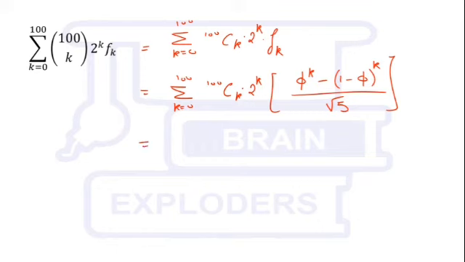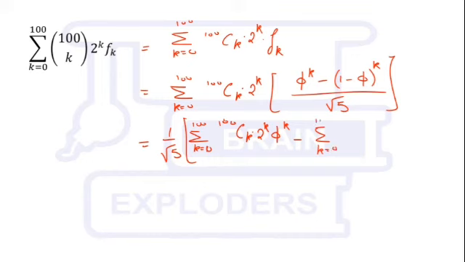Now root 5 is independent of k, so it can be written outside the summation. We have summation k is equal to 0 to 100 100Ck times 2 raised to the power k times phi to the power k, and summation k is equal to 0 to 100 100Ck times 2 raised to the power k times (1 minus phi) raised to the power k.